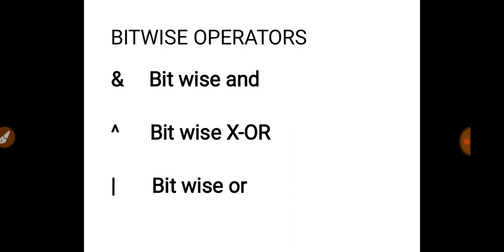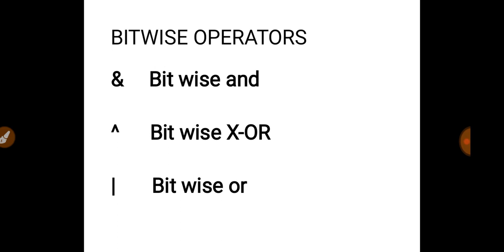Over here the bitwise operators. The first one, as you see, the and sign is written, and it is known as the bitwise AND operator. In the second you see there is a cap sign, and it is read as the bitwise XOR operator. And third one is a pipe sign, and it is read as the bitwise OR operator.